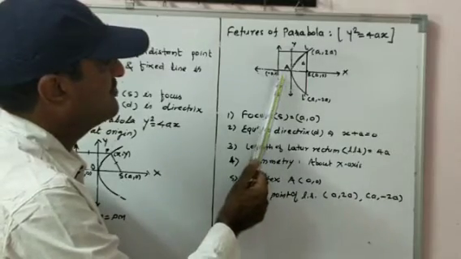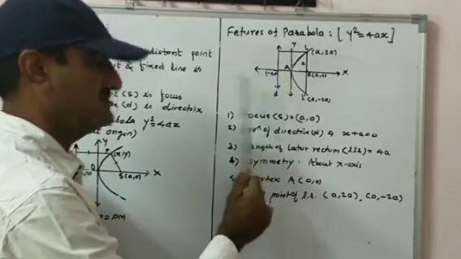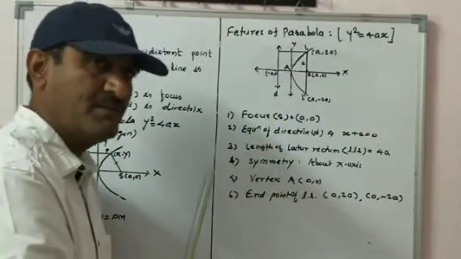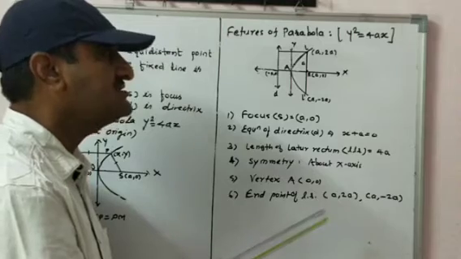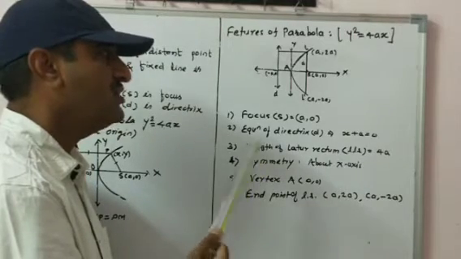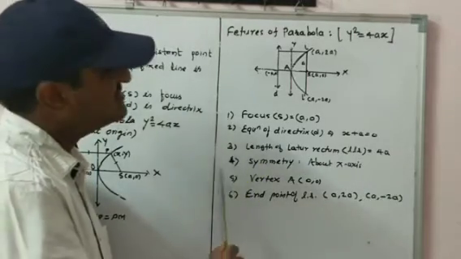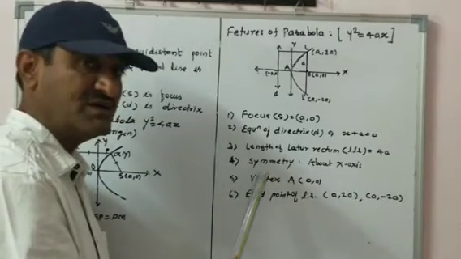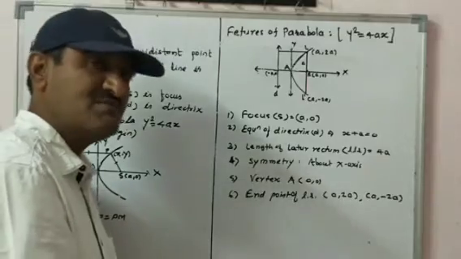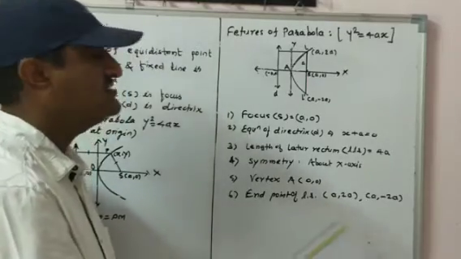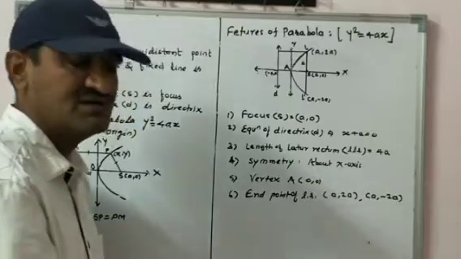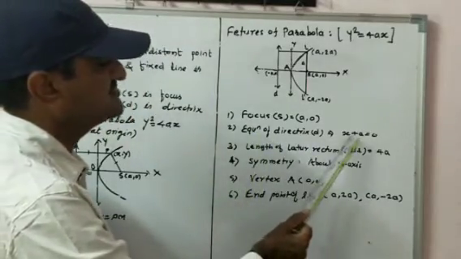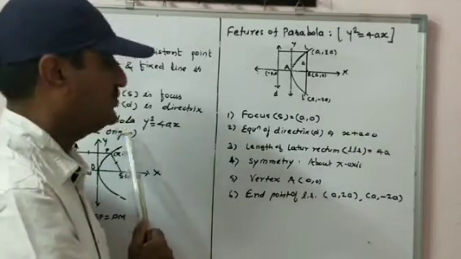The directrix is parallel to the y-axis and perpendicular to the x-axis, and it is equidistant from the focus. Therefore the distance of the directrix from the origin is the same, that is a, and it is on the other side, therefore it is minus a. If we simplify, the equation of the directrix is x plus a is equal to 0.